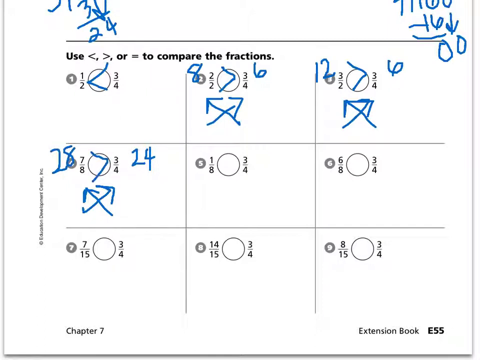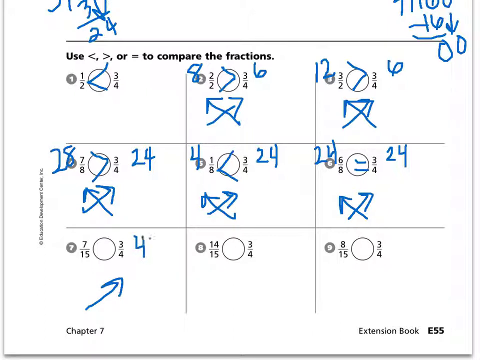I have 8 times 3, which is 24, and I have 4 times 1, which is 4. 24 is greater than 4, so 3/4 is greater than 1/8. 8 times 3 is going to be 24, and 4 times 6 is 24. 6/8 is equal to 3/4. 15 times 3 is going to be 45, and then I have 4 times 7, which is 28.